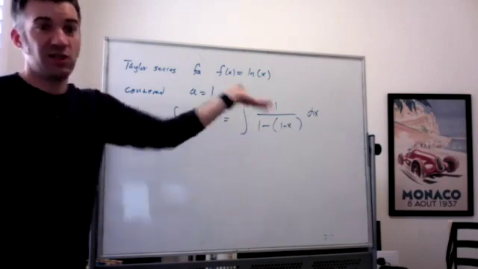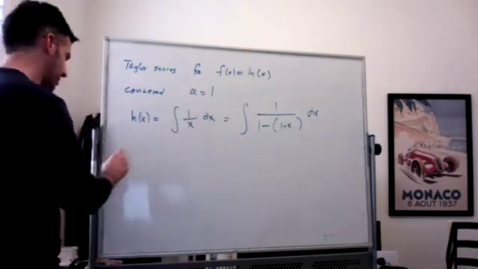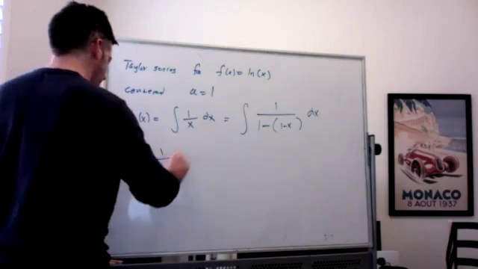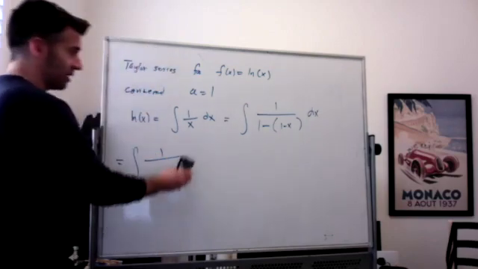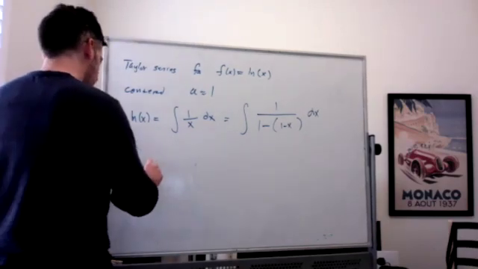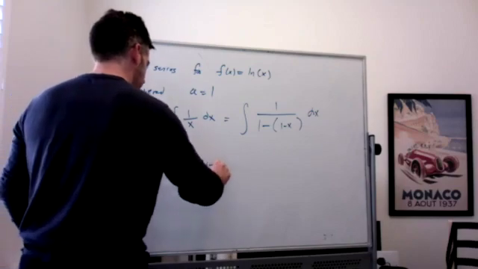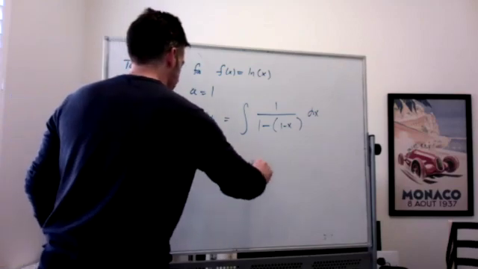And then we can use the geometric series thing we know about 1 over 1 minus r. This is the integral of 1 over 1 minus r, right? That's going to be 1 plus r plus r squared plus r cubed.